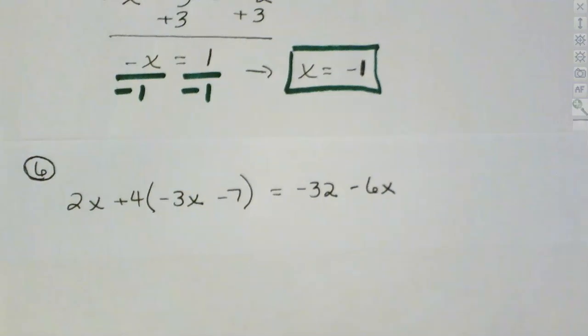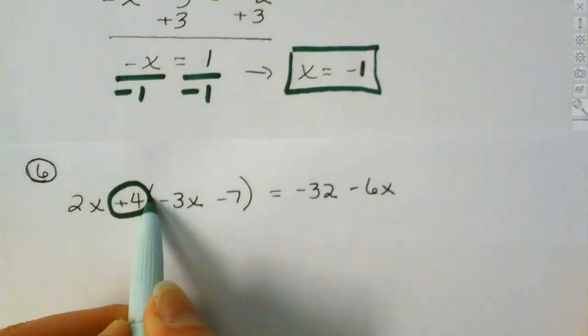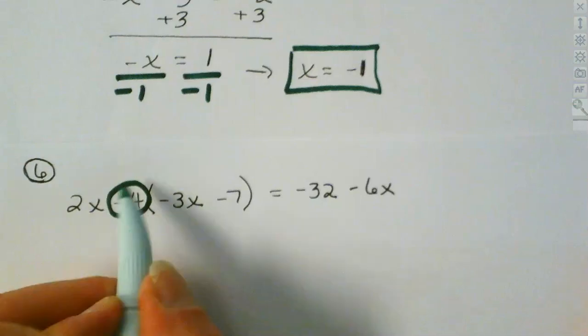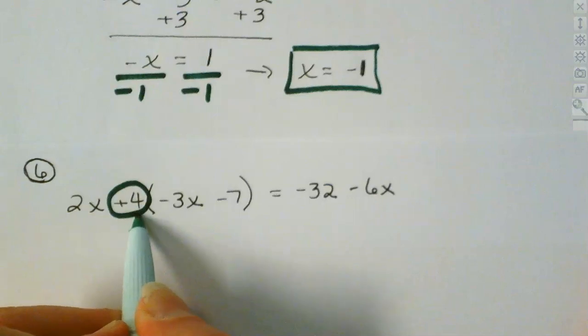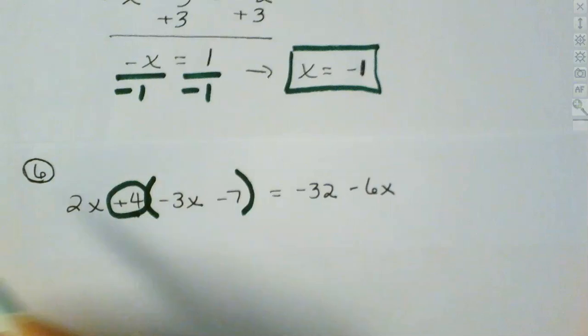I guarantee students are going to make mistakes if you're not careful with the parentheses. So, what needs to happen with the parentheses? We need to distribute that 4 through, not the 2x, right? Only the 4. A lot of times I see students try to do it all, but only the number directly in front of the parentheses goes through. So only the 4 does.